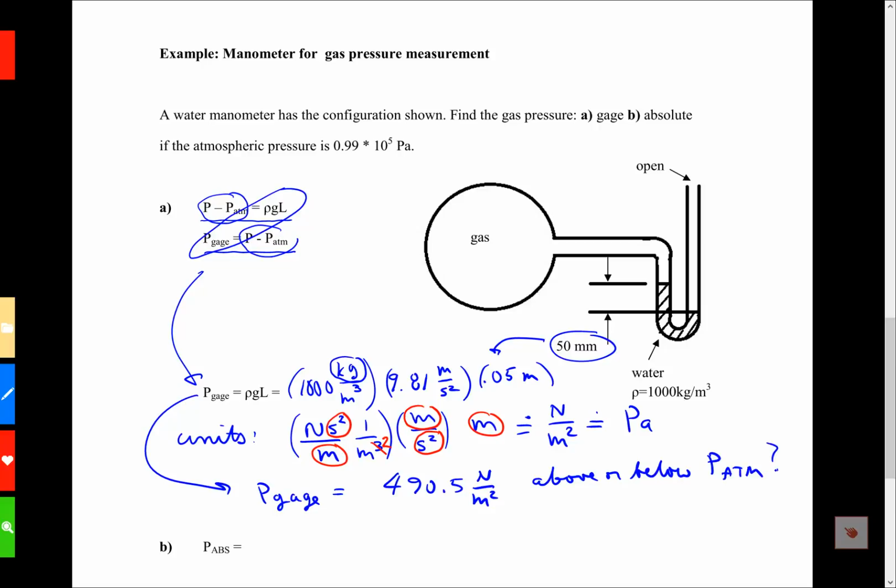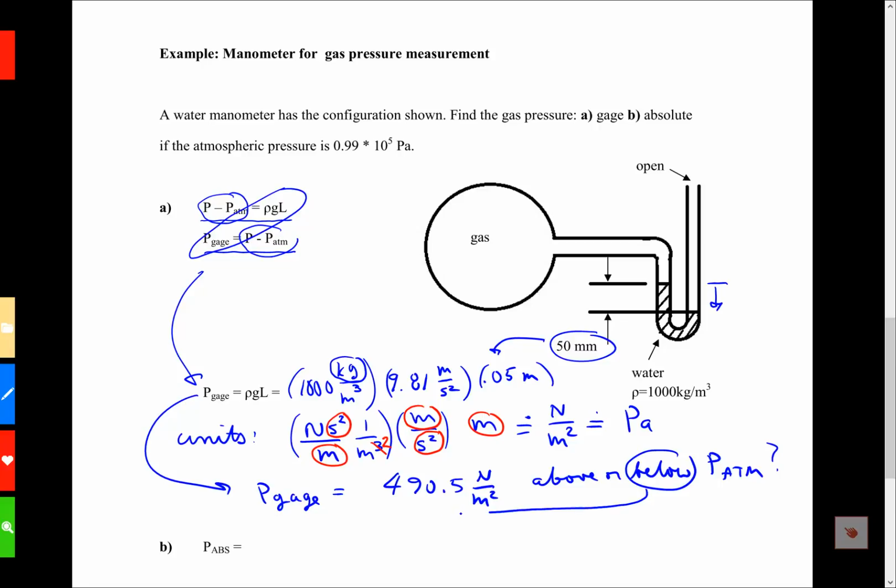And the way to answer that question is to look at the levels, the two legs of the manometer. If the legs were equal, the pressures would be equal. The lower leg is the one with the higher pressure. That is to say, the atmosphere is pushing the fluid in the manometer down. So atmosphere is bigger, so this value is below atmosphere.